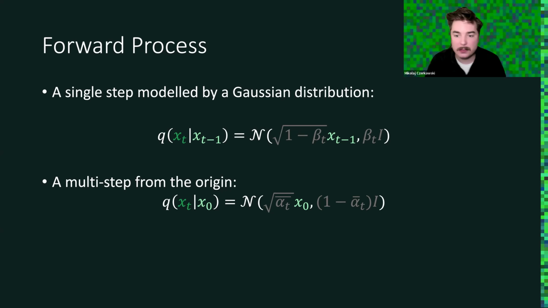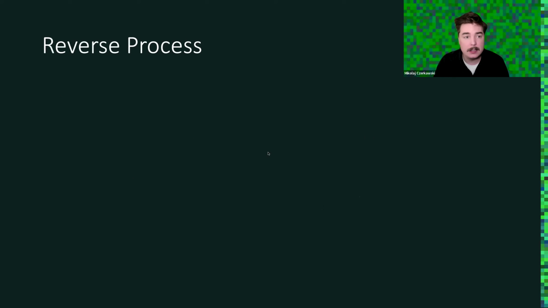That's very easy to compute, very easy to define, but that's not really interesting if we don't define a reverse process, because it's the reverse process when we go from a pure Gaussian to a real sample that allows us to actually generate new stuff. Okay, so the reverse process aims to reverse that chain.